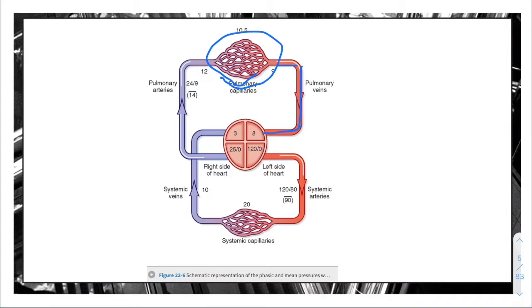Your systemic circulation starts with the aorta and ends in the right atrium. In contrast to your systemic circulation, the pulmonary circulation is a low pressure, low resistance, and high compliance system.